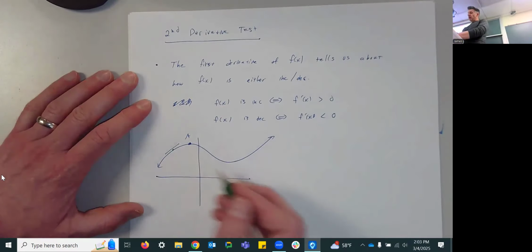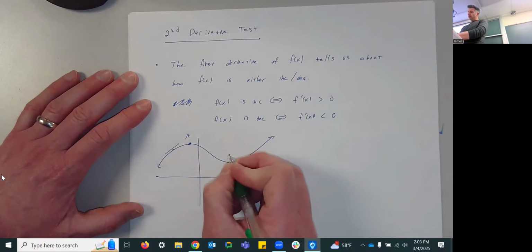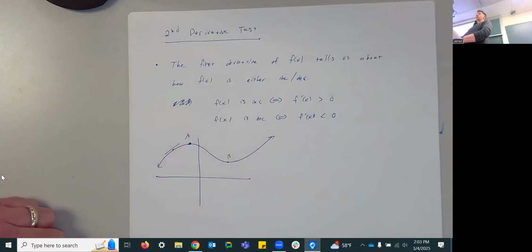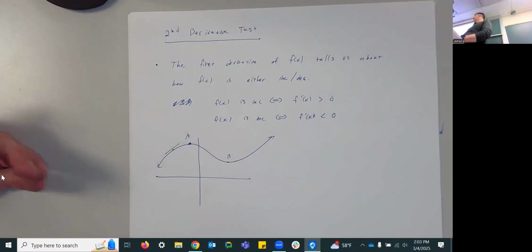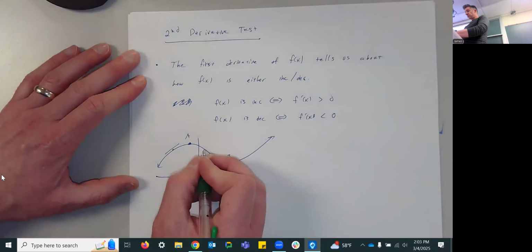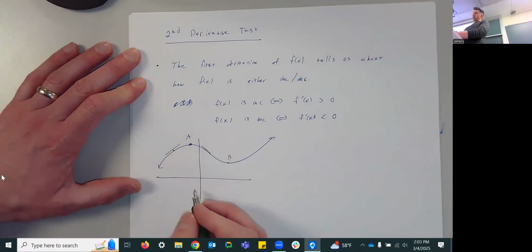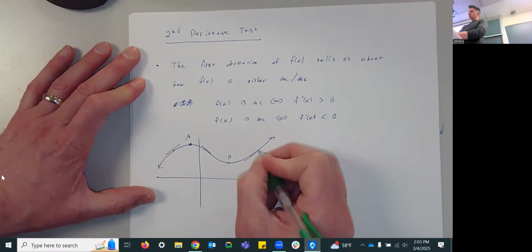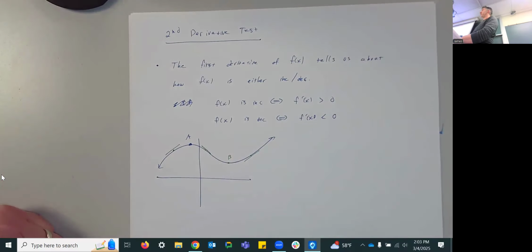Similarly, between A and B, the function is decreasing. Slope of any tangent line is negative. And after B, the function is increasing, slope of any tangent line is positive. So there's this very natural correlation between the sign of the derivative and the increasing or decreasing behavior of the graph of the function.